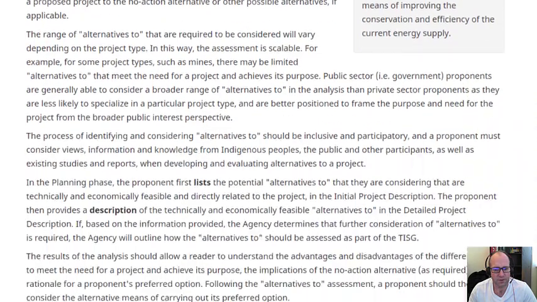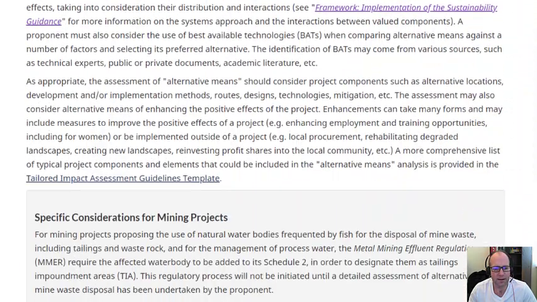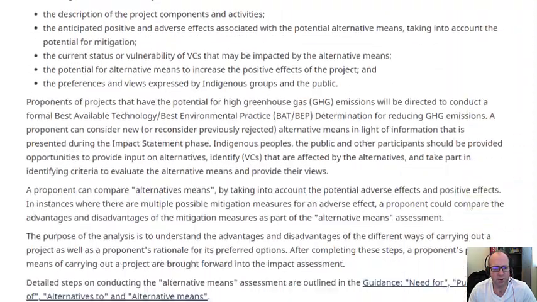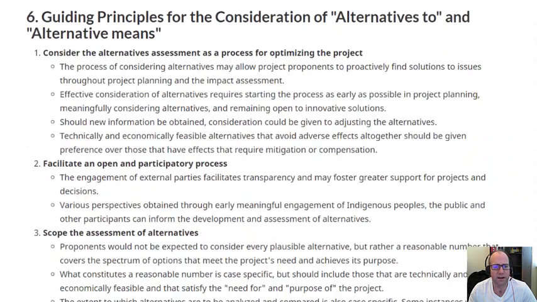So this site goes through considerations, and the interesting part that I'll also focus on is some guiding principles. So consider the alternatives assessment as a process for optimizing the project.